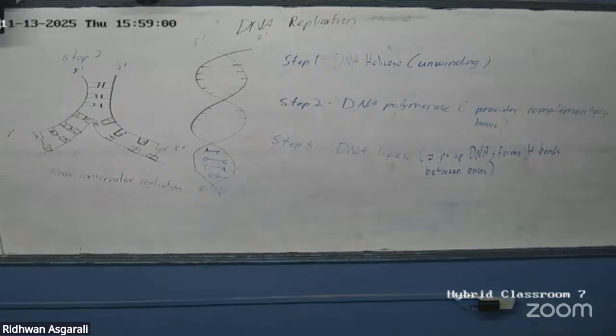Helicase unwinds the double helix structure by catalyzing the breaking of the hydrogen bonds between base pairs. Full stop.